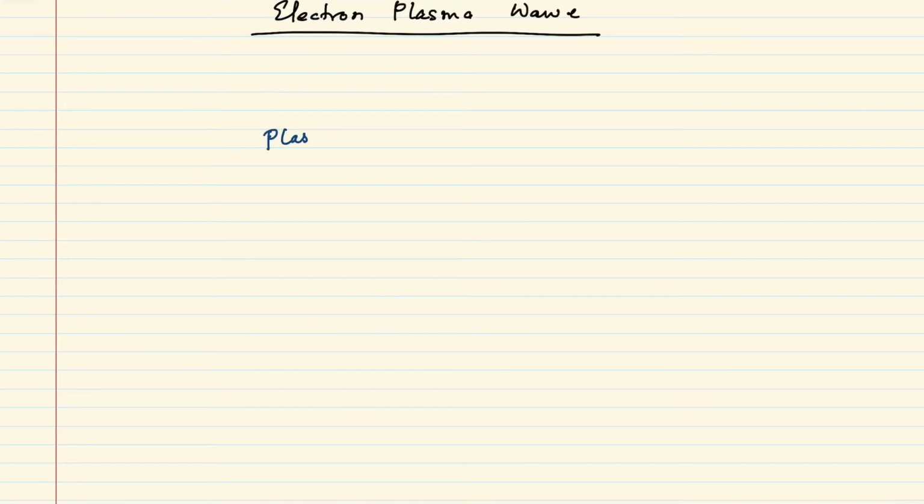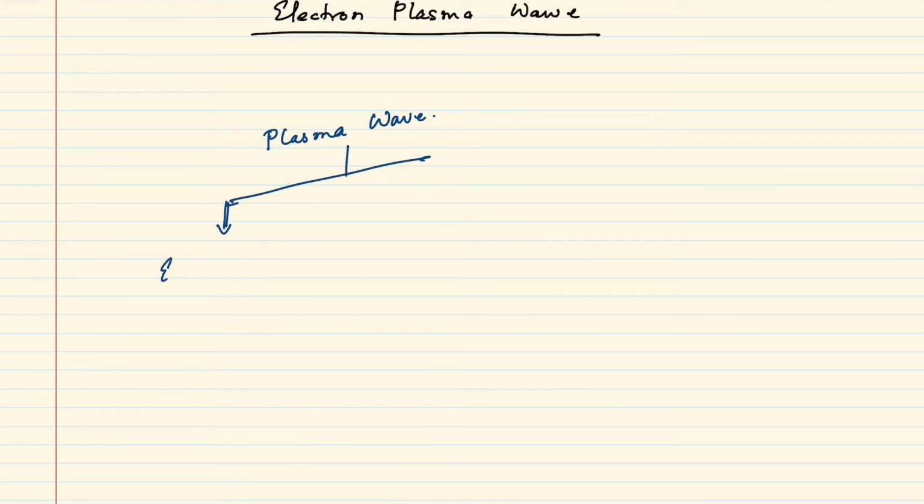Hello friends, in this video today we are going to discuss plasma wave, electron plasma wave. We have already discussed waves in plasma, or plasma wave. It can be classified into two categories.